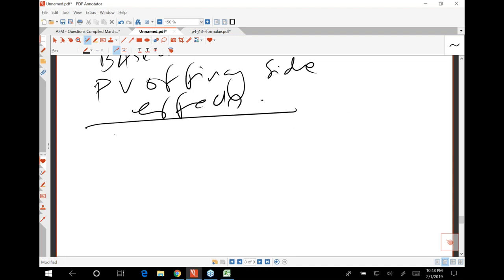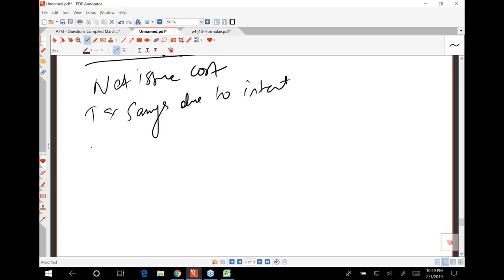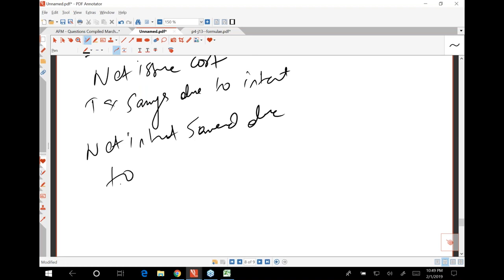So basically, when we talk about the present value of financing side effects, the first thing is the net issue cost, and then tax savings due to interest, and then lastly, net interest saved due to subsidized loans.